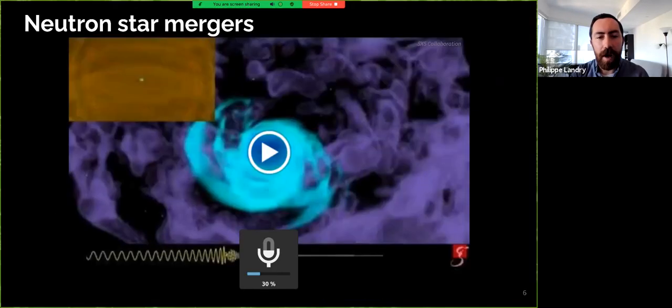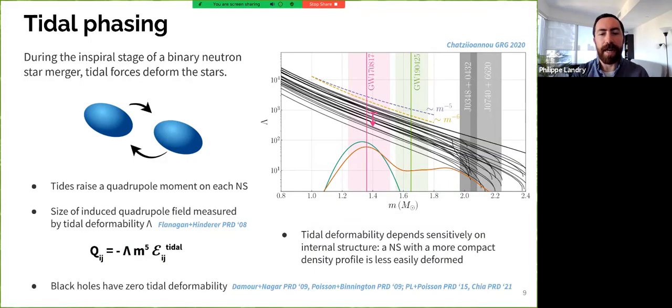Okay, so right. I was just saying tidal deformabilities here. Basically, a measurement of lambda is a proxy for a measurement of the equation of state, because there's this one-to-one mapping between the equation of state and this lambda versus m relation, just like the mass-radius relation I showed before.